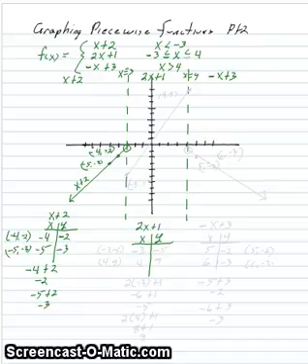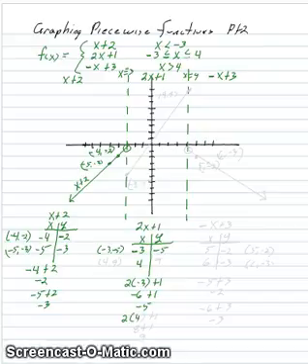Now, because it's less than or equal to, I can use -3. And because it's less than or equal to, I can use 4. So 2 times -3 plus 1, -6 plus 1 is -5. So when x is -3, y is -5. So there's our ordered pair, -3, -5.